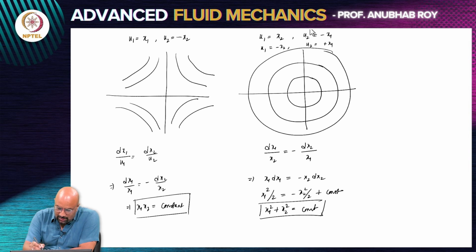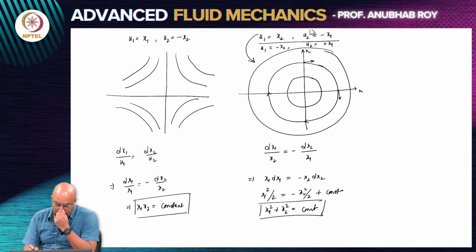So here, if I consider the case that is on top, then u1 is equal to x2, which means at this particular point, which is along the x2 axis, u1 is pointed in the positive direction. On the other axis, it is pointing in the downward direction, which means the velocity vector at any point indicates that you are traversing the circle in the clockwise sense.